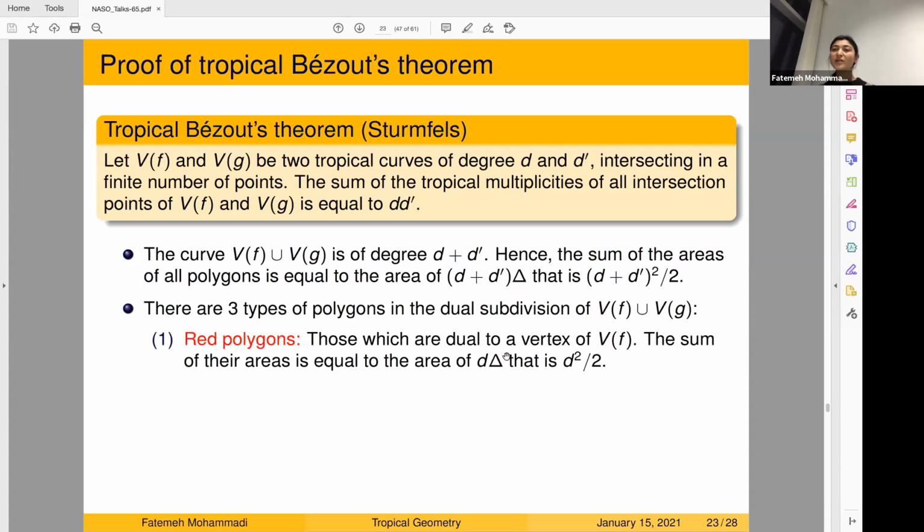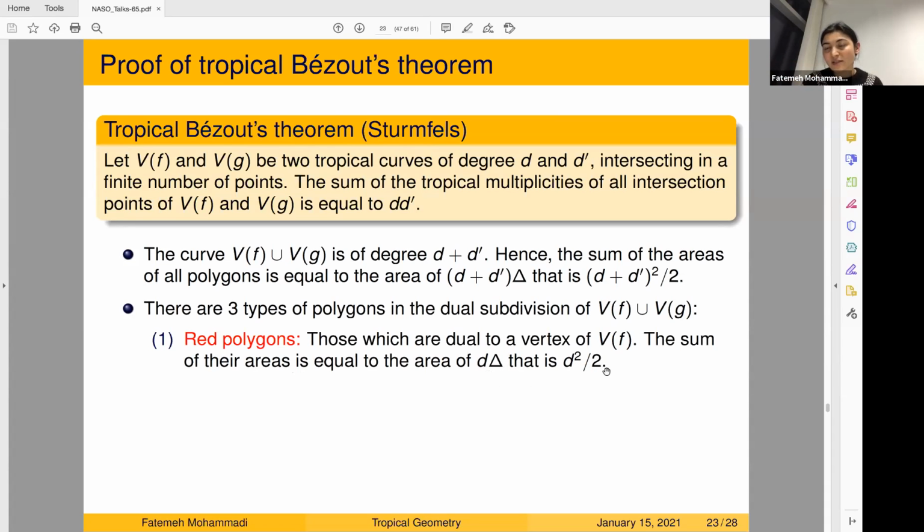Now I look at all the polygons in my subdivided picture. There are 3 types. Either they are these red polygons corresponding to the vertices of my curve coming from f, and I know the sum of these areas: that would be d squared over 2, the d delta.